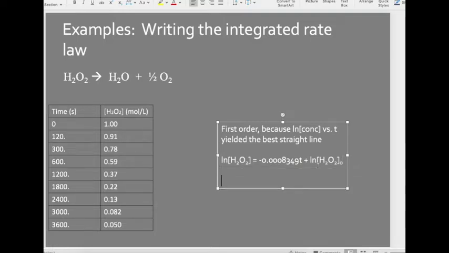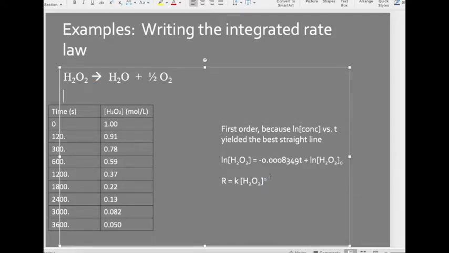I could also write the differential rate law, the form that has R equals k times the concentration of my reactant, H2O2, to the power of some exponent n. Well, we've determined what the exponent is, haven't we? We've said that it's a first order reaction because the natural log of concentration versus time was a straight line.